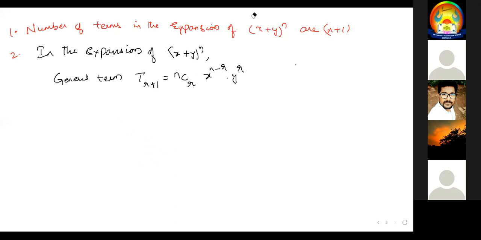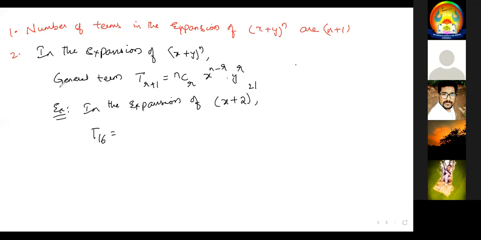Now I'm giving an example. I think everyone knows that. In the expansion of x plus 2 whole power 21, T16 is equal to, have a look. Power 21 means the number of terms is 22.